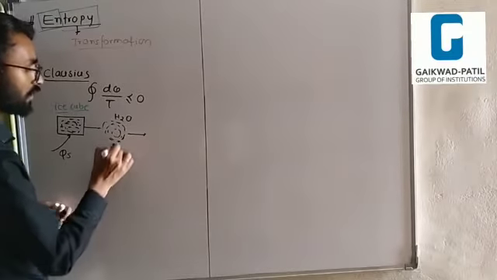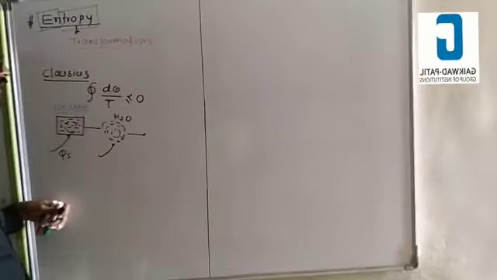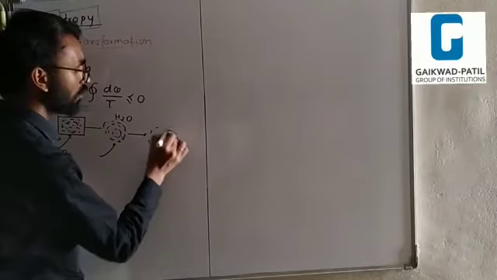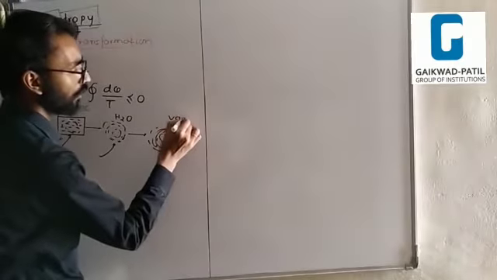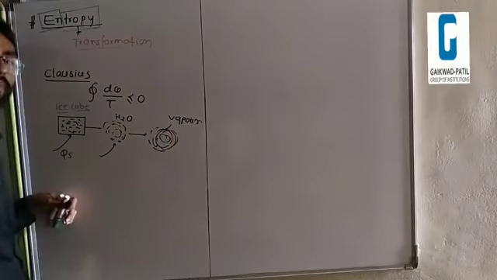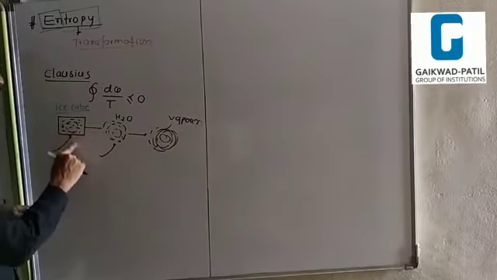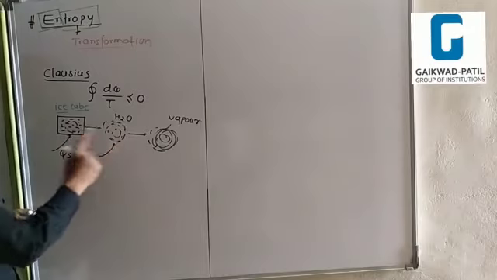Also heat will be supplied to the water and it also changes phase, it will be converted into vapor. That means disorderness and randomness will change, the phase will change.